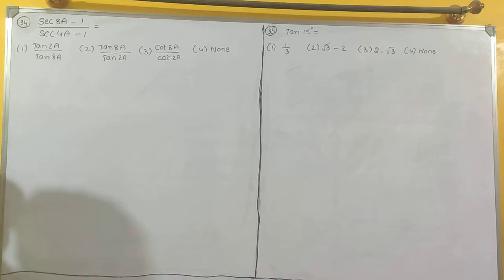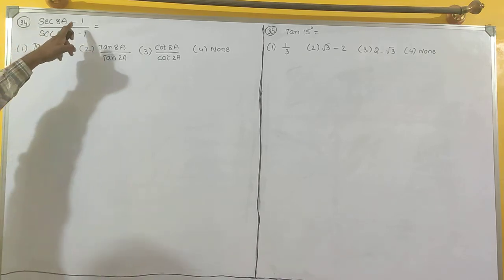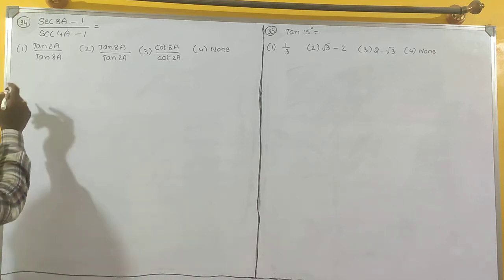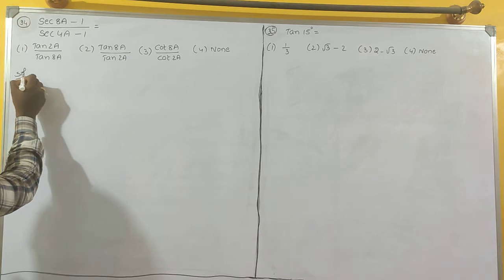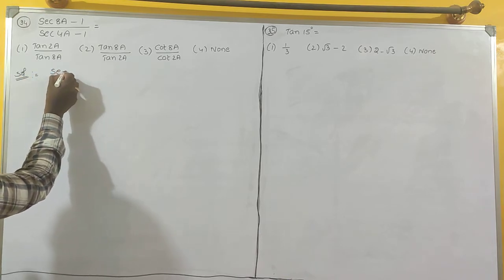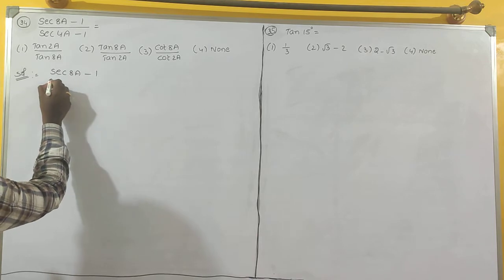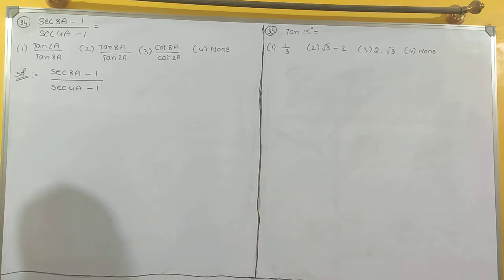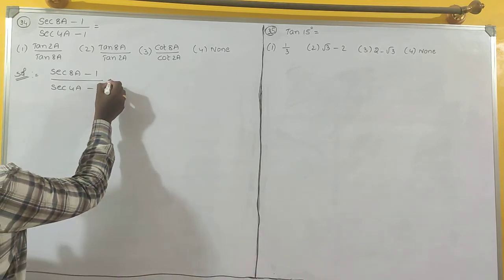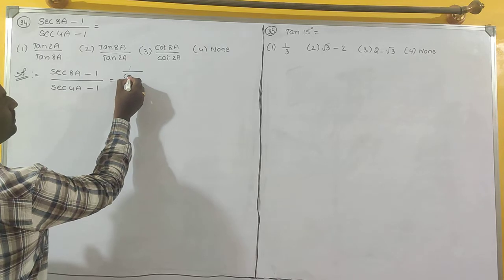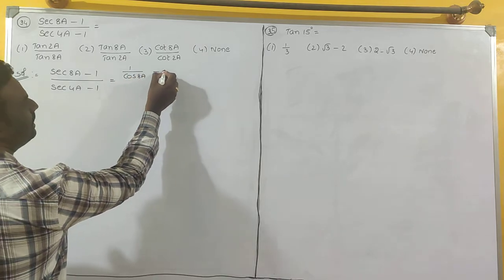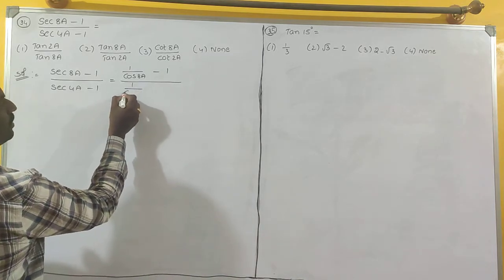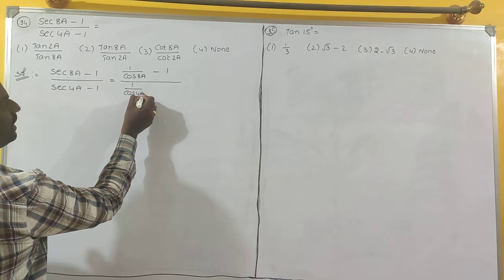In question number 34, we need to find the value of (sec 8a minus 1) by (sec 4a minus 1). Solution. Secant can be written as 1 by cos, so in the numerator sec 8a is 1 by cos 8a minus 1, and in the denominator sec 4a can be written as 1 by cos 4a minus 1.